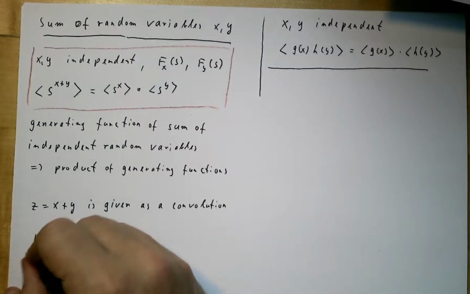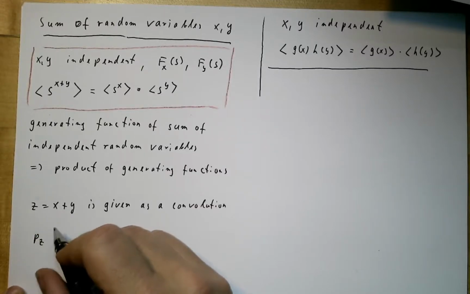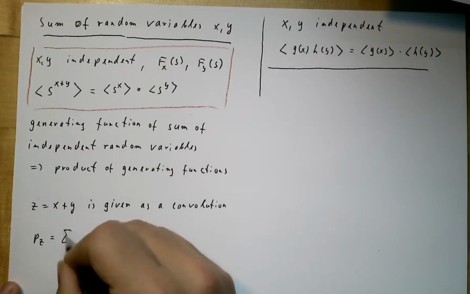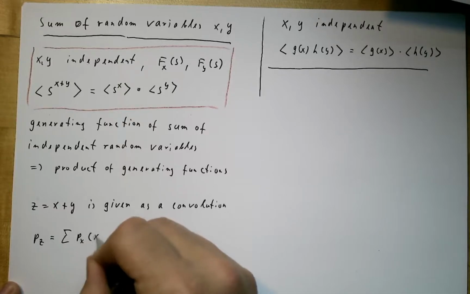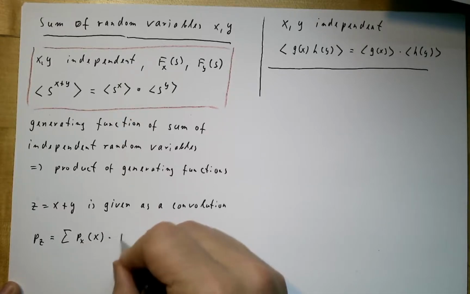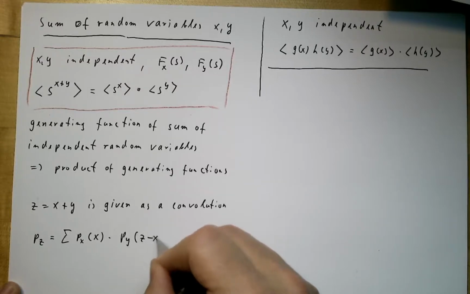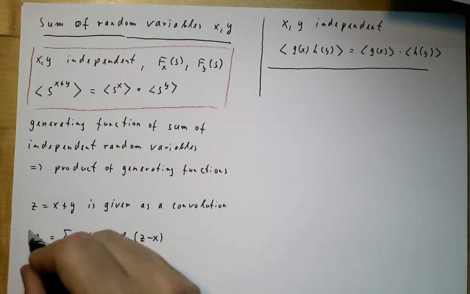So the probability distribution of Z equals the sum of p_X of x times p_Y of z minus x, and here we sum over all x.